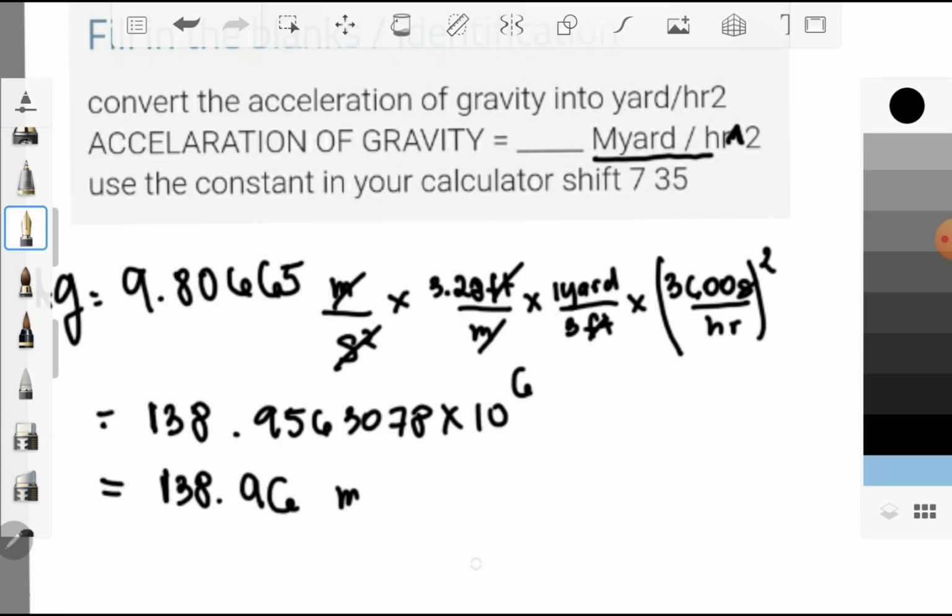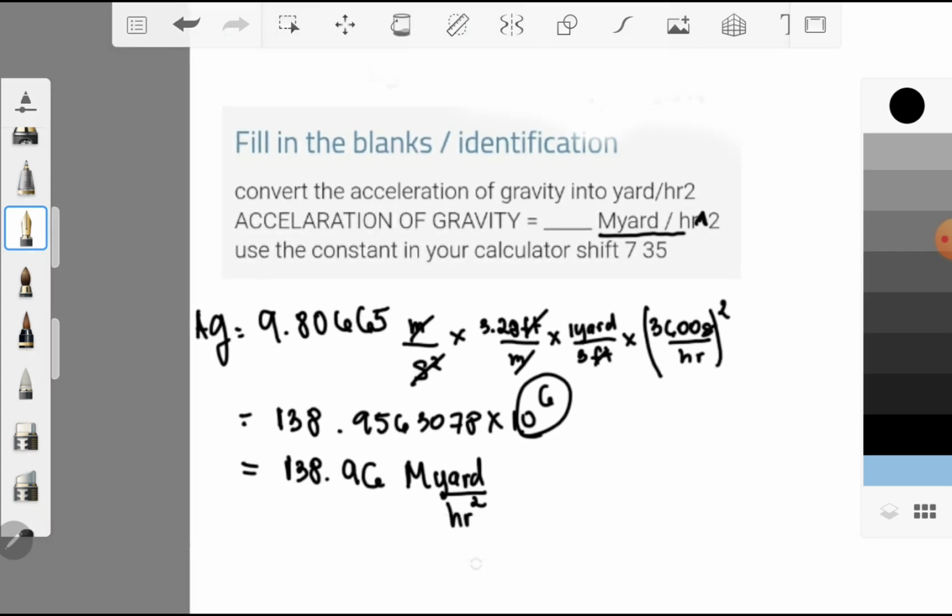So, pag malaking M, mega yan. Pag maliit na M, milli. Okay? Mega means times 10 raised to 6. Okay? So, we have mega yard per hour squared. That is our acceleration of gravity.